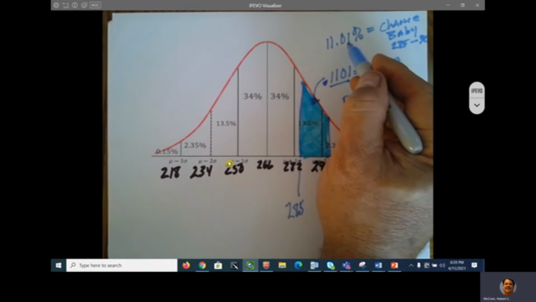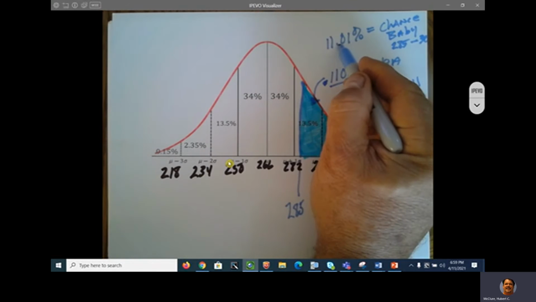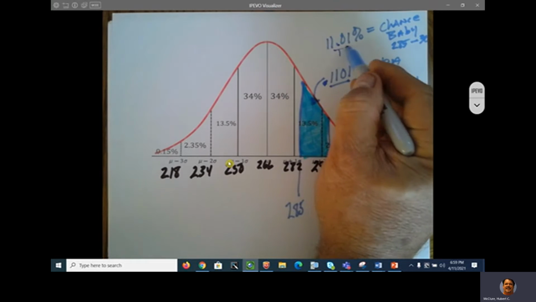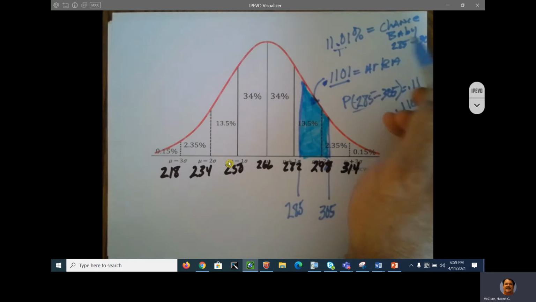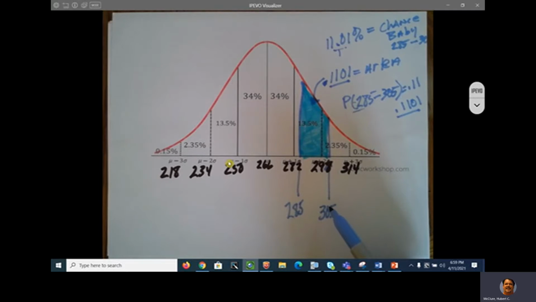Percentage, you can't put in 4 decimal points because you got to move the decimal 2 places to the left and get 11% because of the 100, over 100. So the question can say there's an 11.01% chance that you're going to have your baby between 285 days and 305 days.